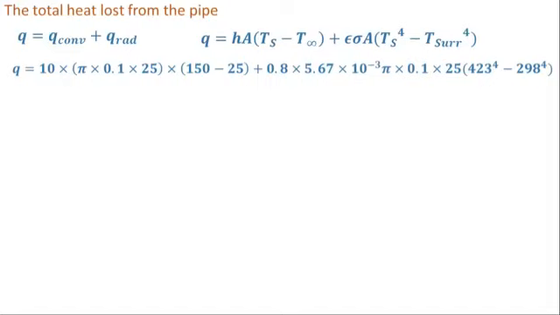Diameter of the pipe is 100 millimeter and it is 25 meter in length. The pipe is maintained at a temperature of 150 degrees centigrade, and the air which is flowing over the pipe is at a temperature of 25 degrees centigrade. The emissivity of the pipe is 0.8. Sigma is Stefan Boltzmann constant, and it is 5.67 exponent minus 8.